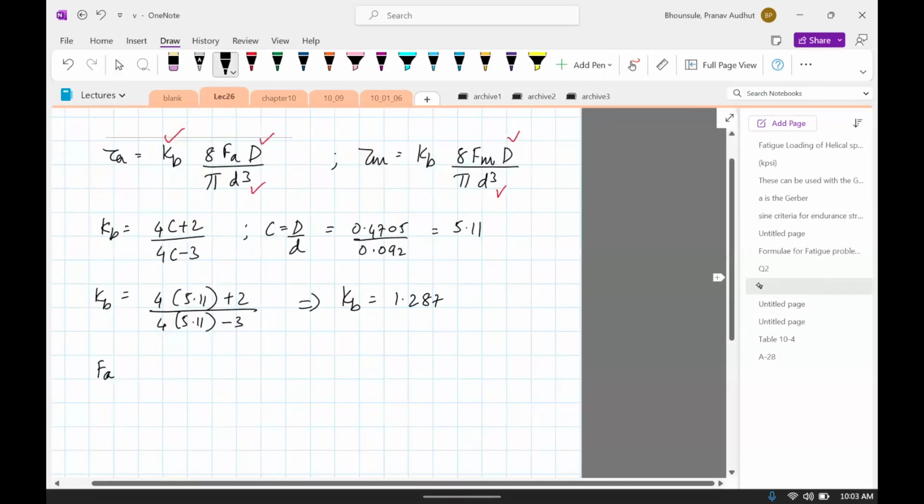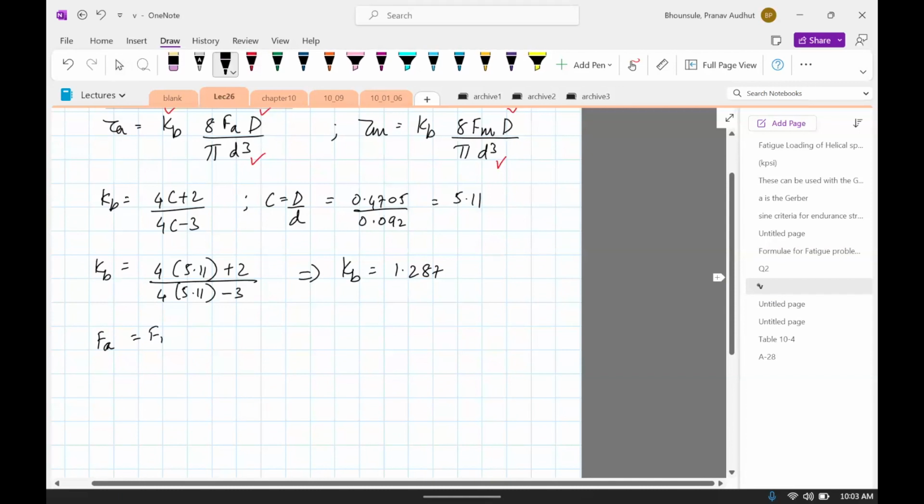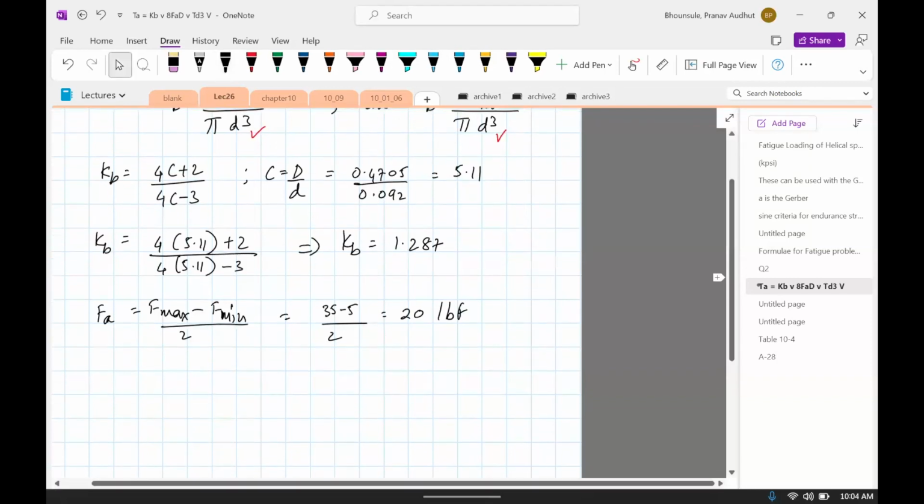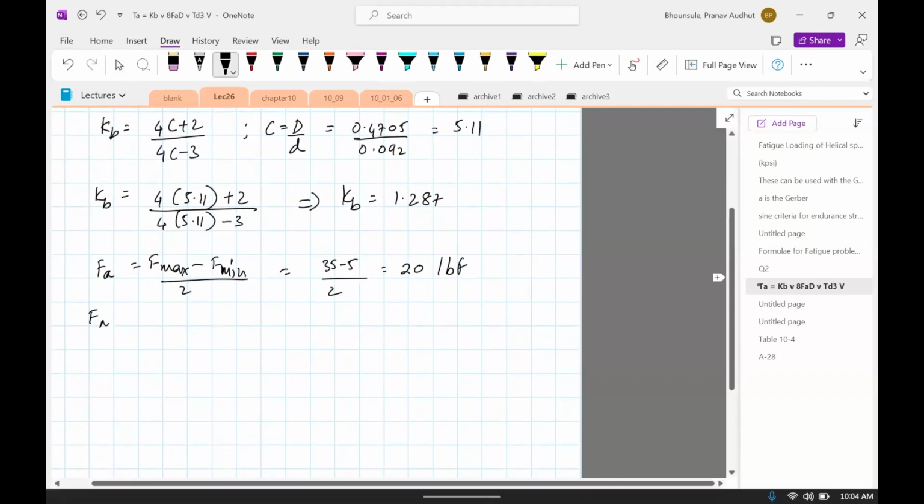So FA is 35 minus 5 divided by 2, which is 15.